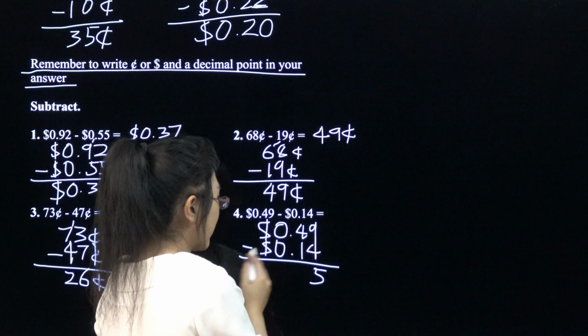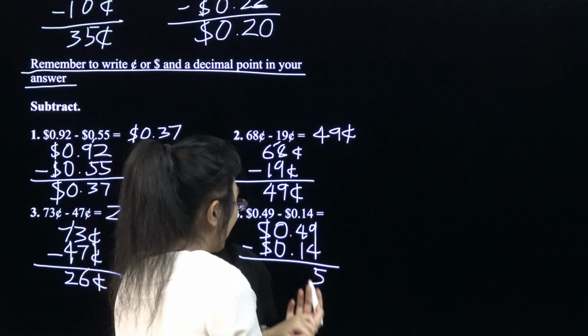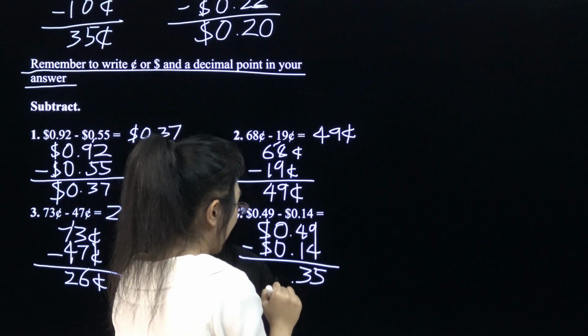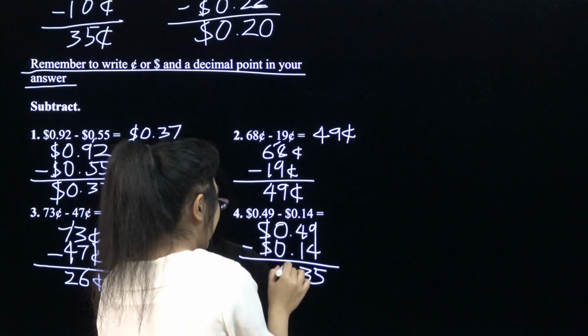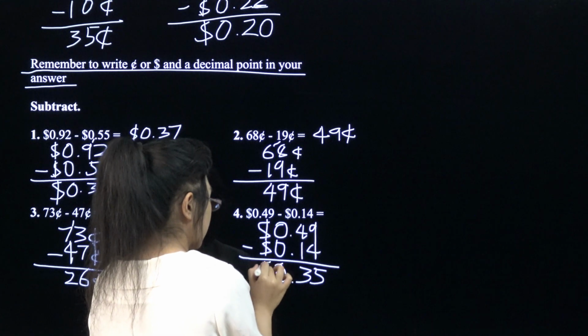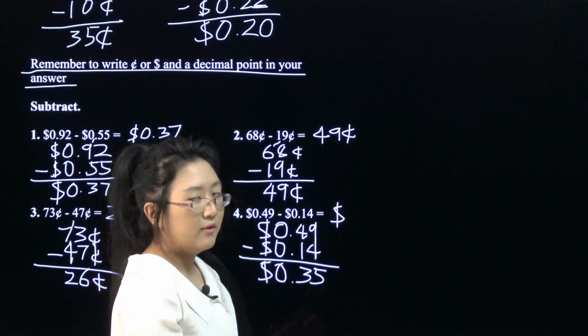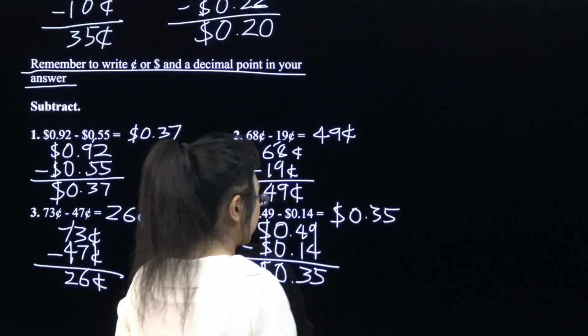And then we move on to the left, which is 4 minus 1, and that's 3. We drag the decimal point down to the correct place, and we have 0 minus 0, which is 0. And don't forget the dollar sign. We end up with a difference of $0.35.